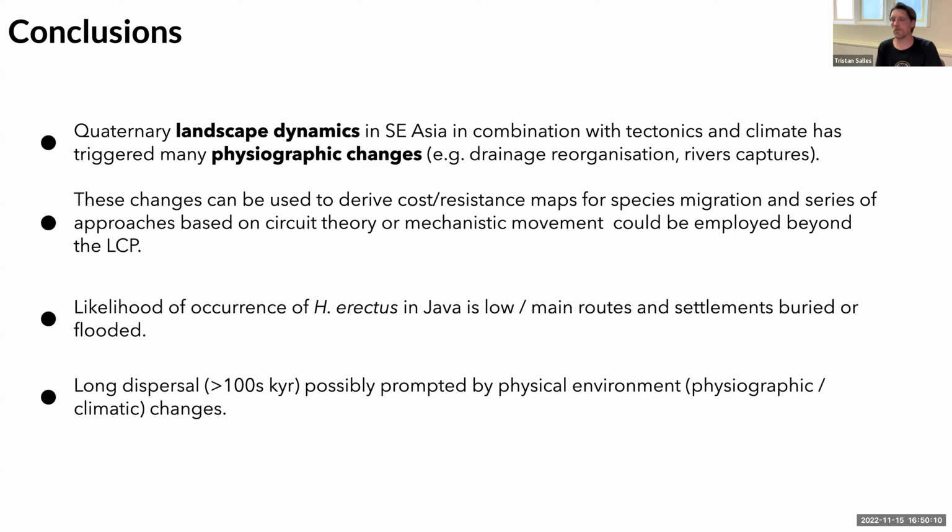We can derive different resistance maps to look at species migration, and we can also use different tools to go beyond the least cost path model. It gives us some idea about how Homo erectus moved, and what would have been the most likely places to find remains of Homo erectus in Southeast Asia.